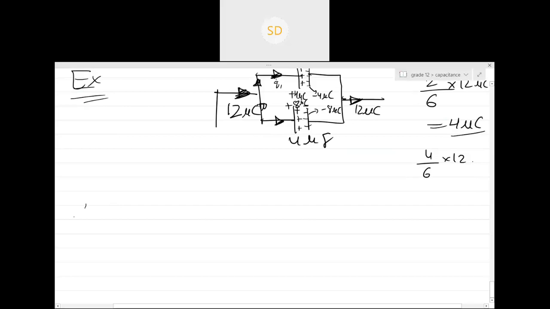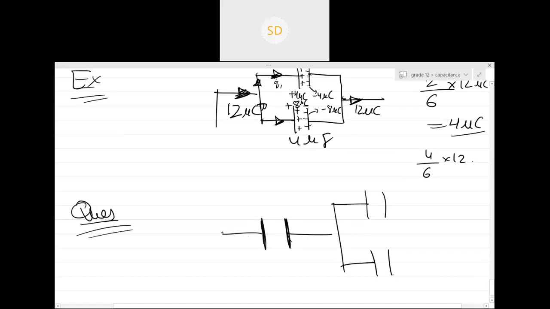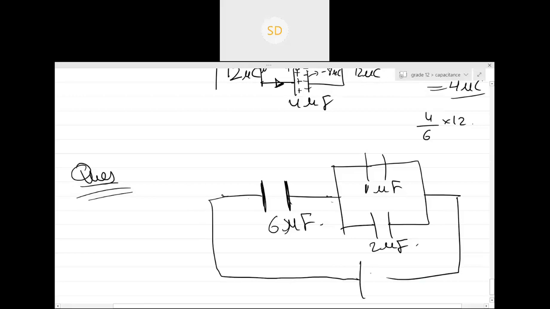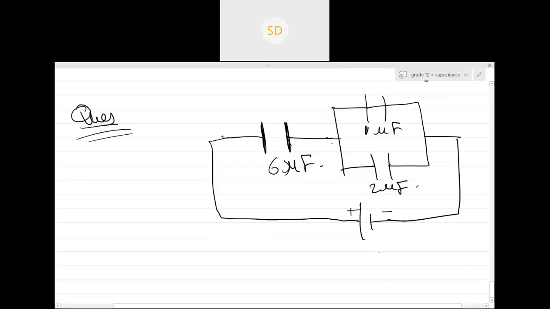Let's start with the basic question. The question is there are three capacitances given to you.